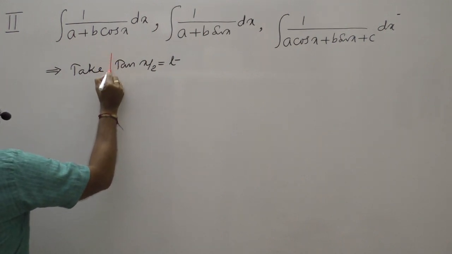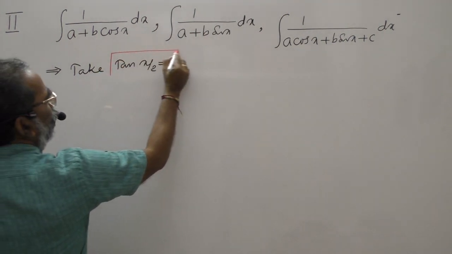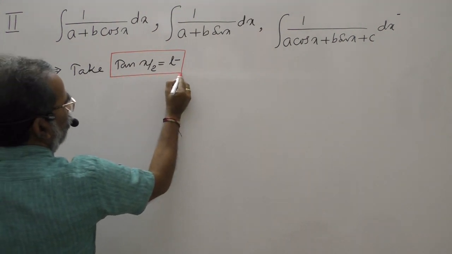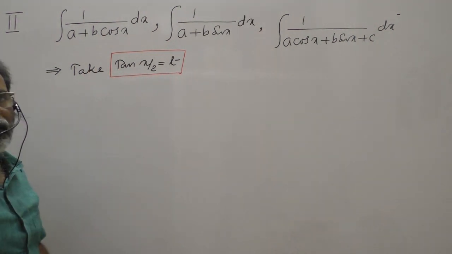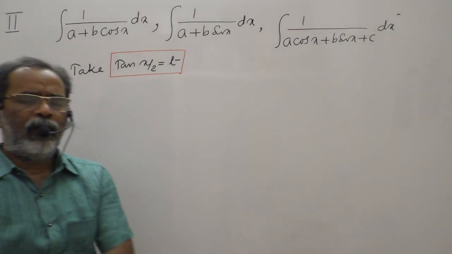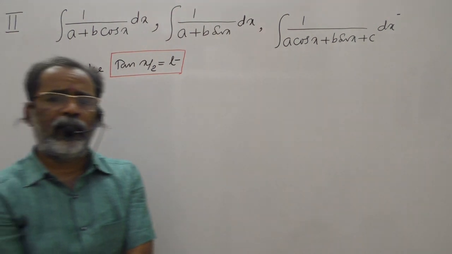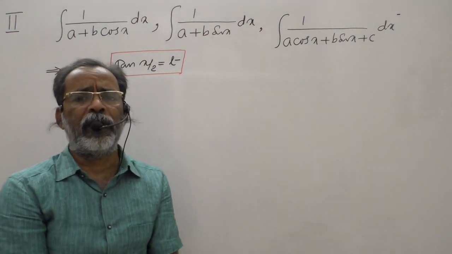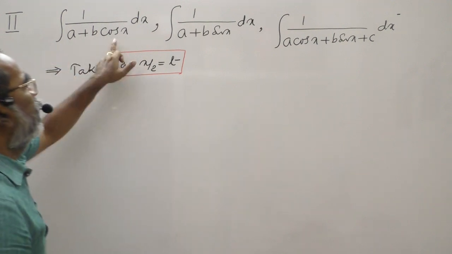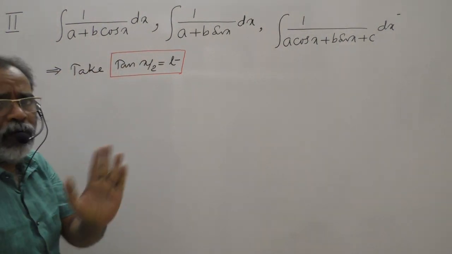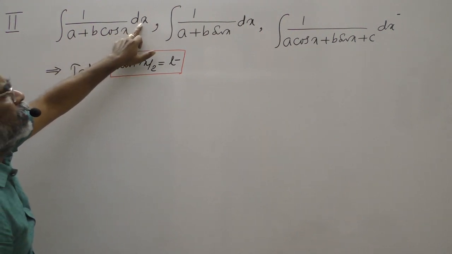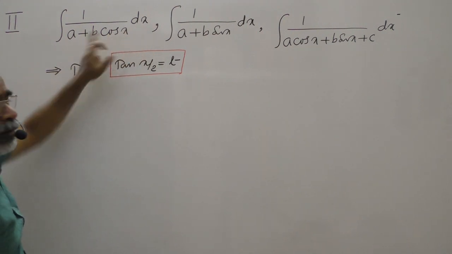For these types of integrals, take the substitution tan x by 2 equal to t. What is the substitution method? It is also known as change of variable. Now you have to change the entire integral into the variable t. Here dx is there, here cos x is there.